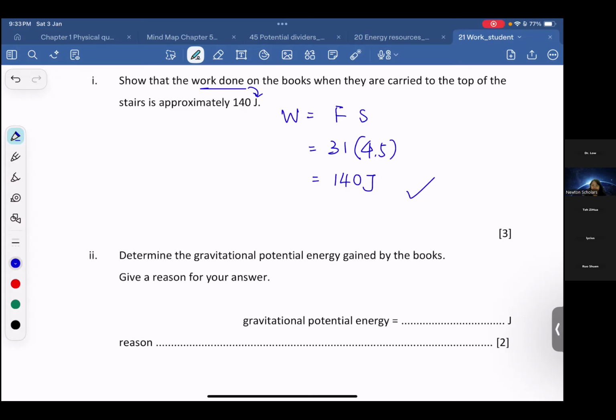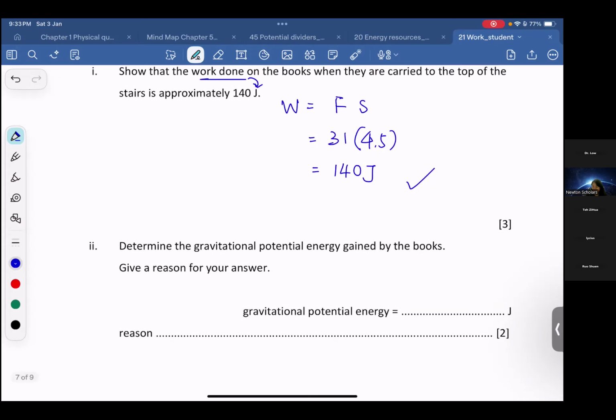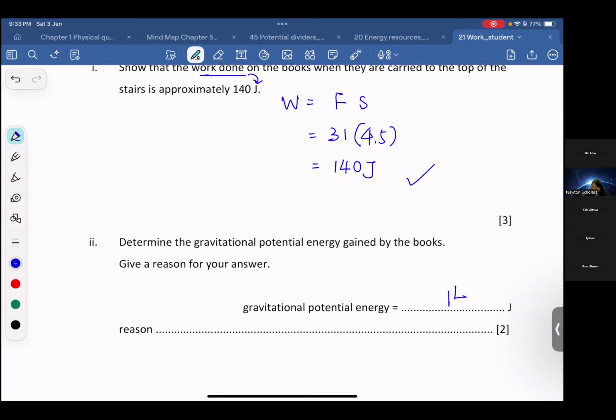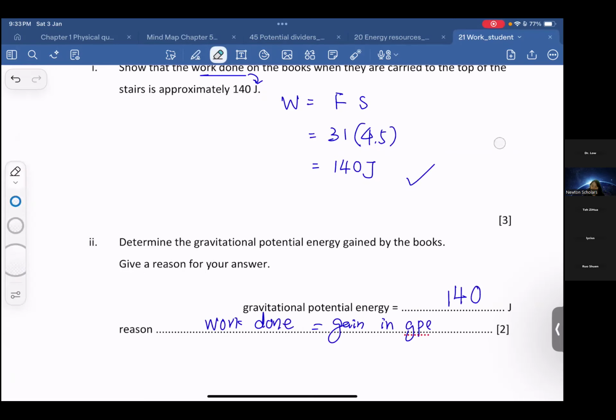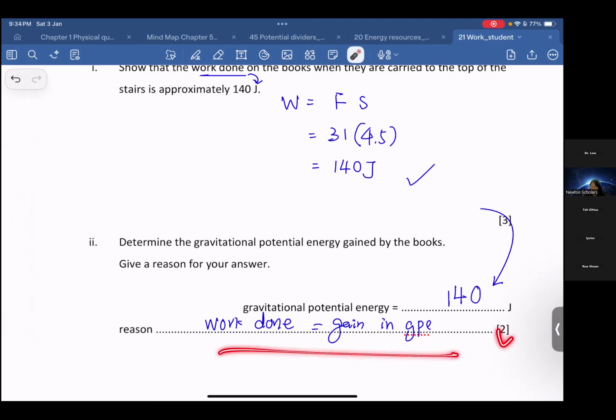Okay, yes, correct. Your gravitational potential energy should be 140 joule. Why? Because work done is actually the gain in GPE. Work done is energy transfer. So the amount that we calculate for the work done, 140 joule, will be the same as the GPE. So energy transfer is work done is energy. Is that clear?